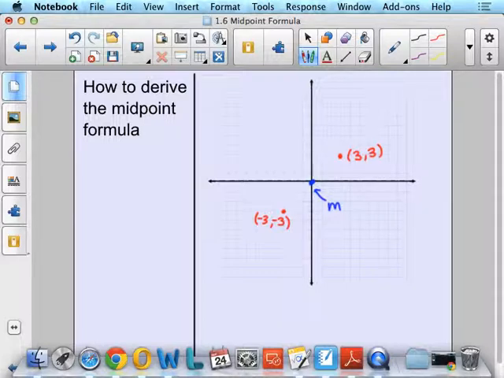A couple things we know about the midpoint. The midpoint is going to be halfway between the x values, and it is also going to be halfway between the y values.